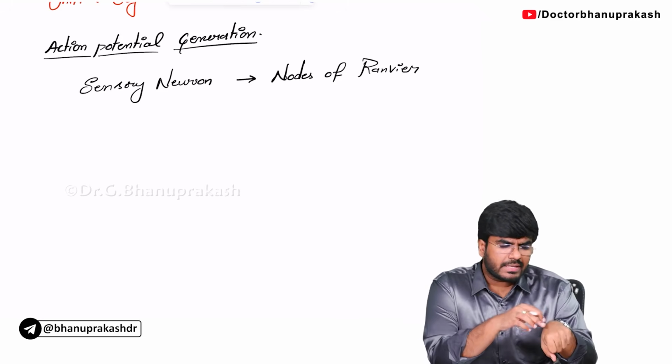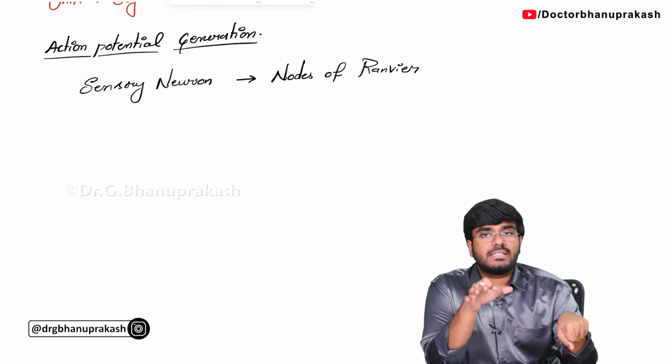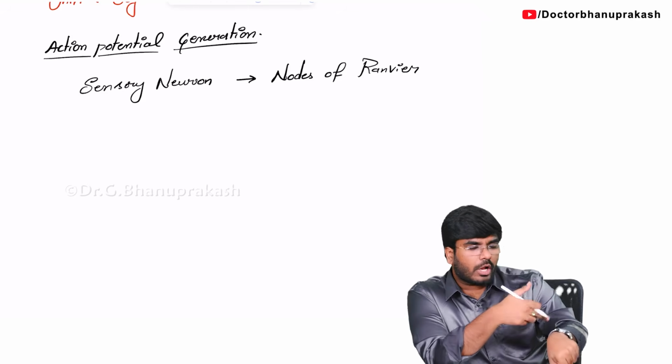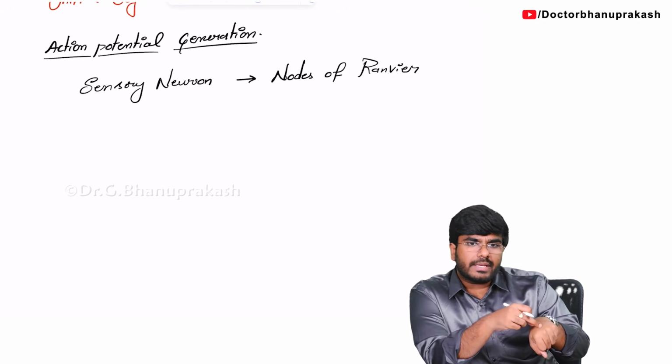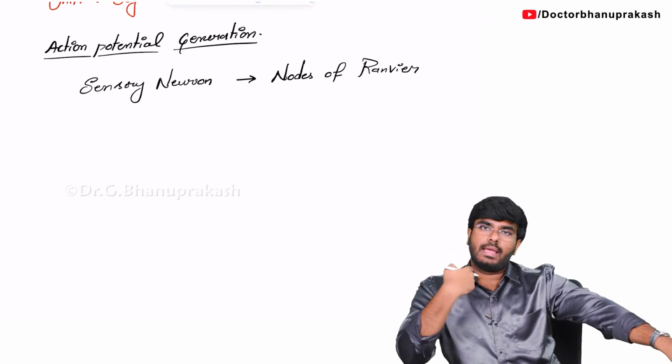Because the neuronal ending will be here. Cell bodies are not present over here. For the sensory neurons, the cell bodies are present in the dorsal root ganglion. Only the peripheral process, the peripheral neuron ending, is coming here. So, when I am stimulating here, the nodes of Ranvier are going to generate the action potential. The action potential runs along the length of the axon.